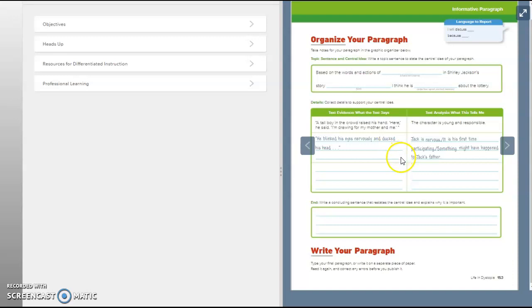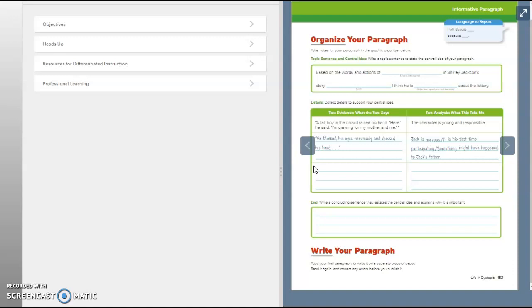Right here, in these ones where my cursor is moving around, you need a direct quote from the text. See these quotation marks? That means it's a direct quote. You're going to copy it word for word as your evidence from what you found.